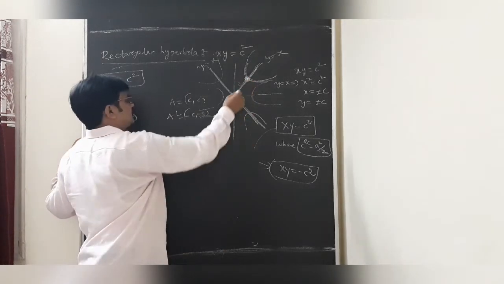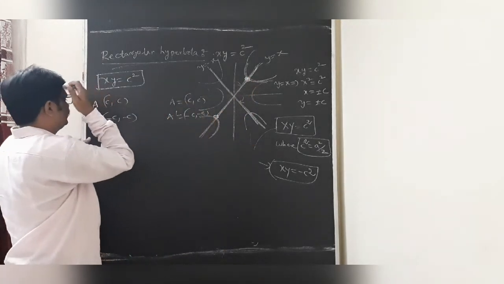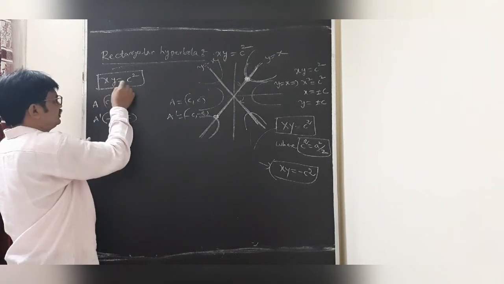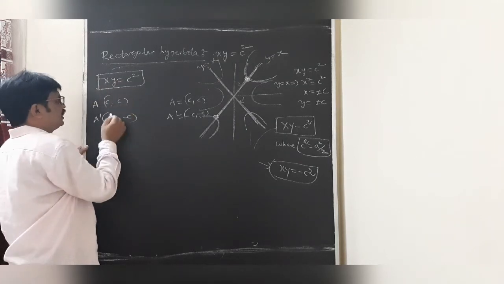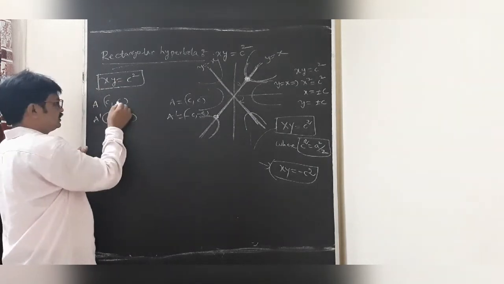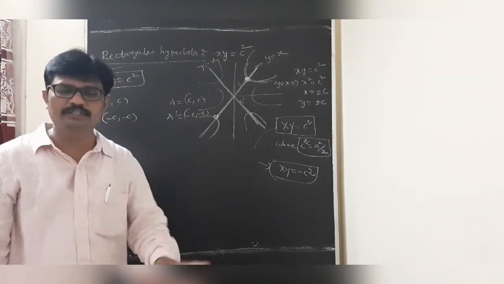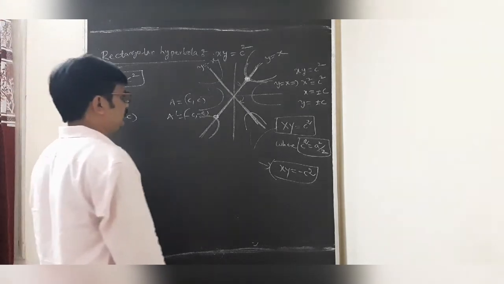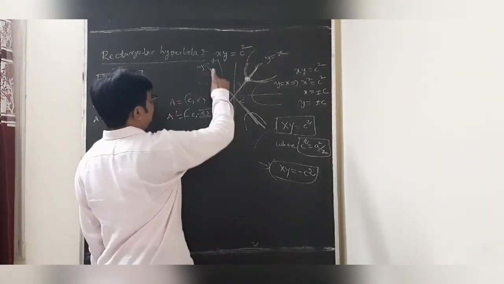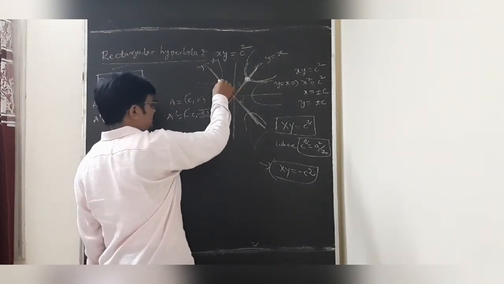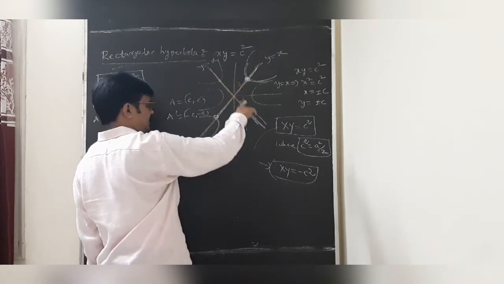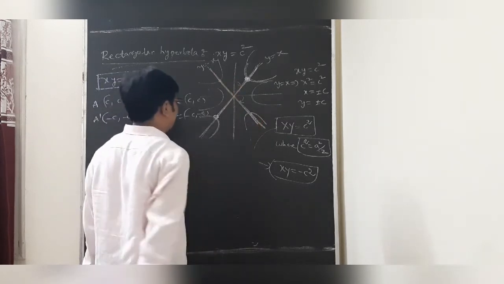So these are called vertices. Substituting y equals x, this is x square equals c square, that is plus or minus c. A is (c, c), this is (minus c, minus c). The vertices of the conjugate rectangular hyperbola of xy equals c square, that is xy equals minus c square, are (minus c, c) and (c, minus c).